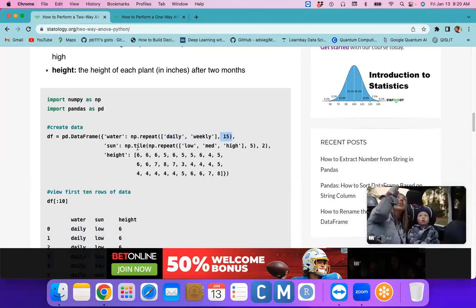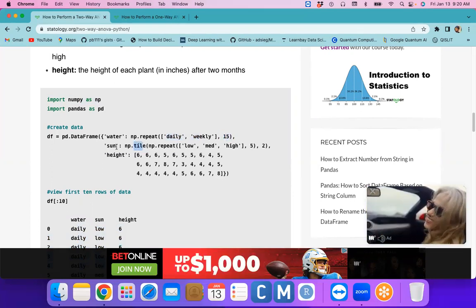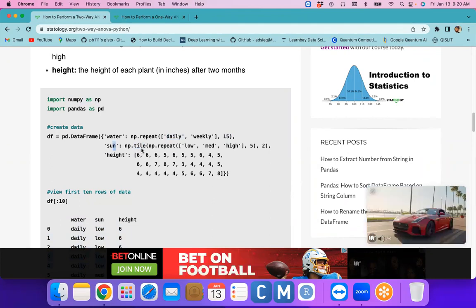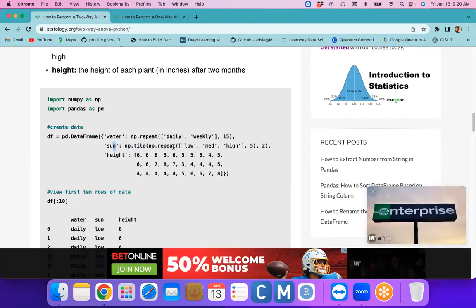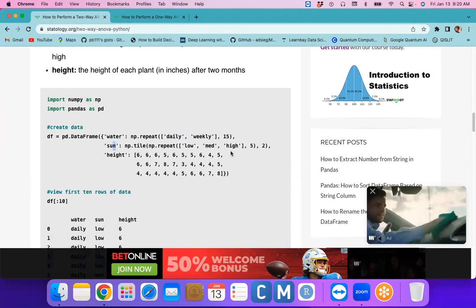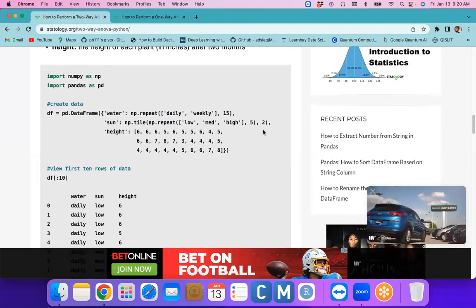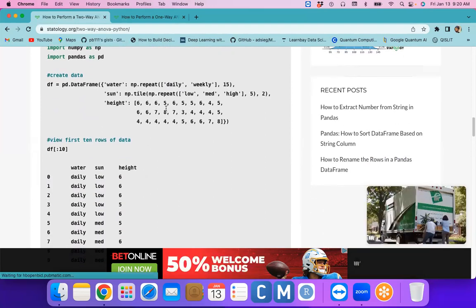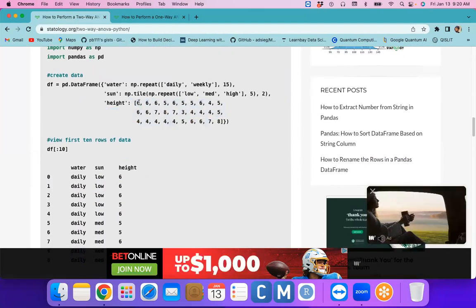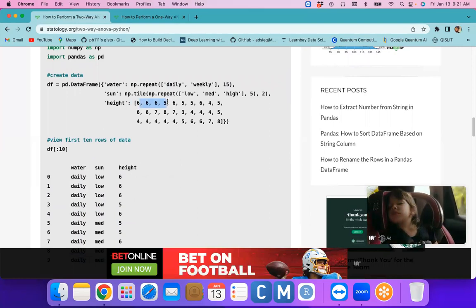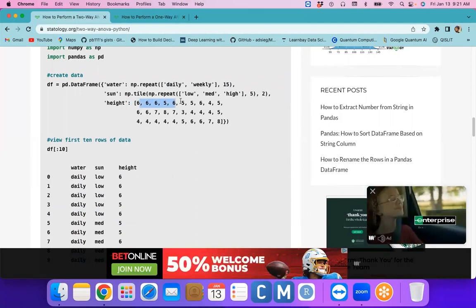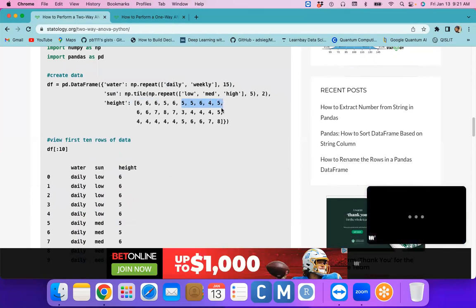And then tile. So np.tile, and we are repeating low, medium, high 5 times, with this 2. So here for height, we have a total of 15 records, 5, 10, right?